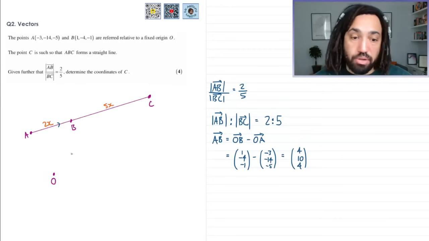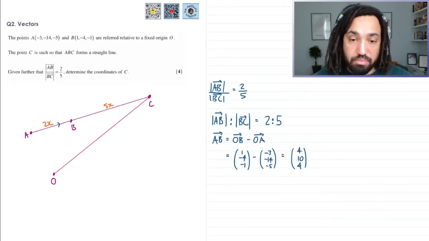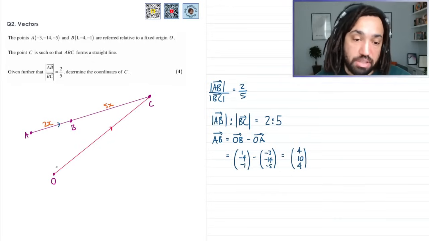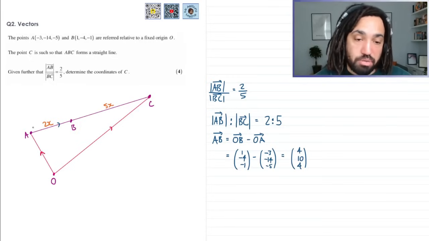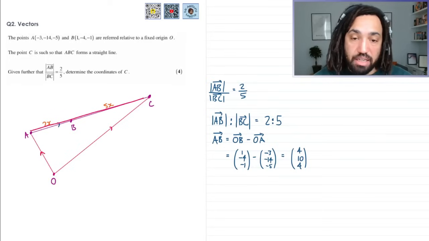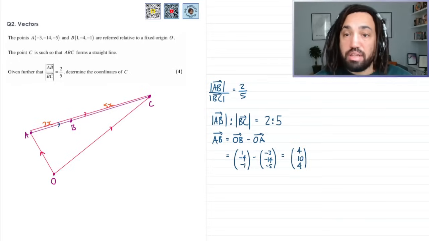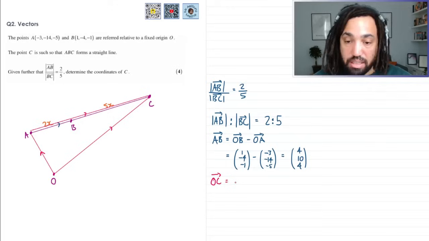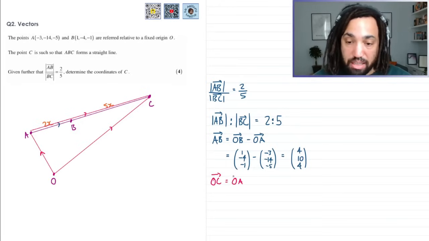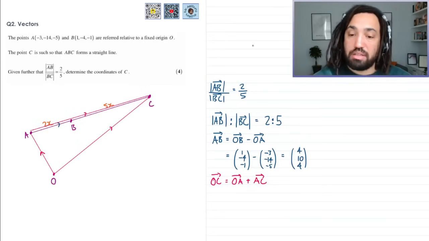So if I want to go from O to C, then what I can do is I can go to A first, which we know because we know where A is, and then I can go along the top here and follow this line down, AC. So I could write that O to C is equal to O to A plus A to C, like so.